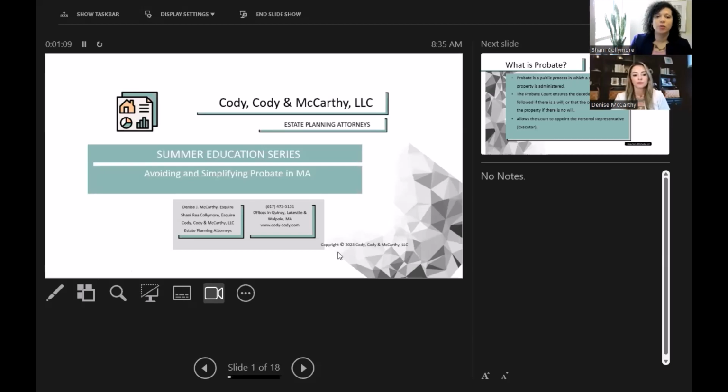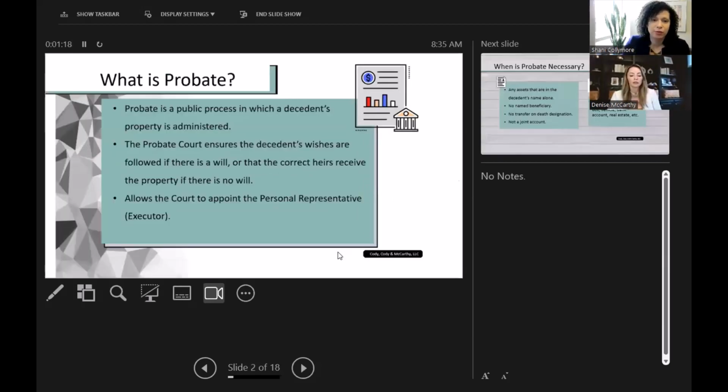So today we're going to talk about avoiding and simplifying the probate process in Massachusetts. A lot of people can get confused about what probate is and what the whole process is. Probate is a public process in which the property of somebody who's passed away is administered by the court. This can happen if you have a will or you don't have a will.